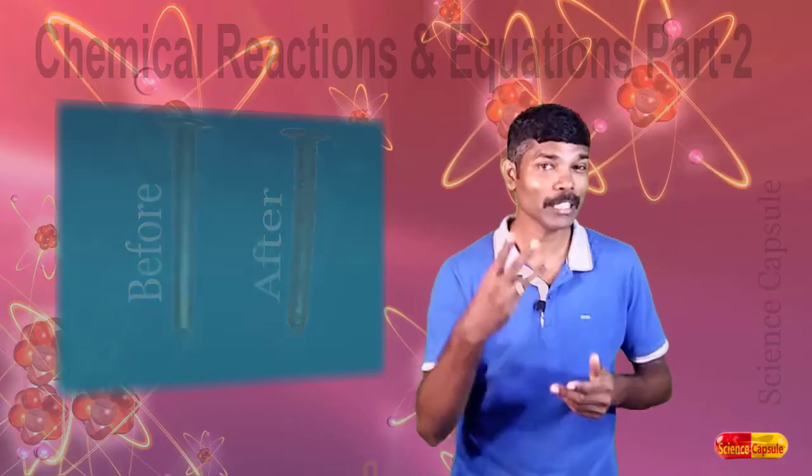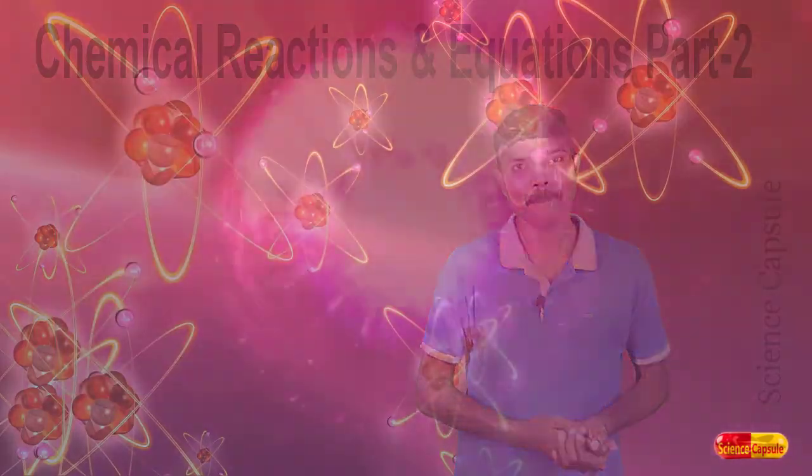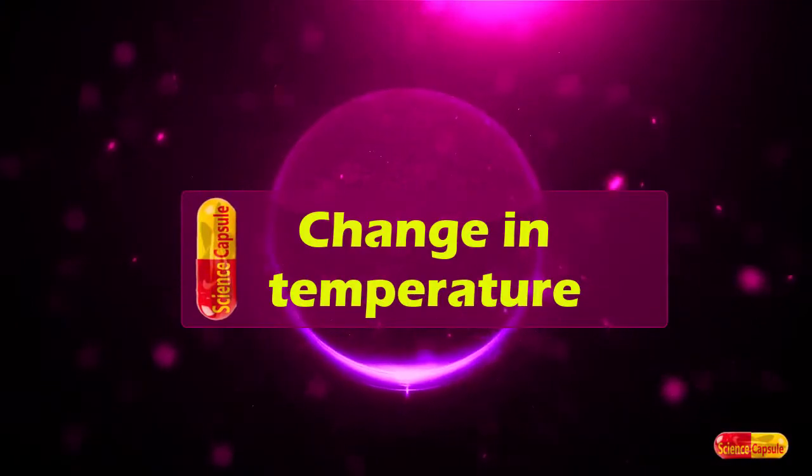Now we will see the third physical parameter. Some chemical reactions, in our day-to-day life also, we can experience. The physical parameter which we use for identifying a chemical reaction is a change in temperature.